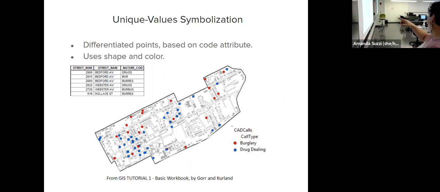Using different shapes is a good way to ensure that everybody will be able to read it regardless. Someone's colorblind and they don't see the difference between red and blue. You wouldn't want to do blue and green and then have someone say, I can't tell the difference between these squares. Use a circle and a square.